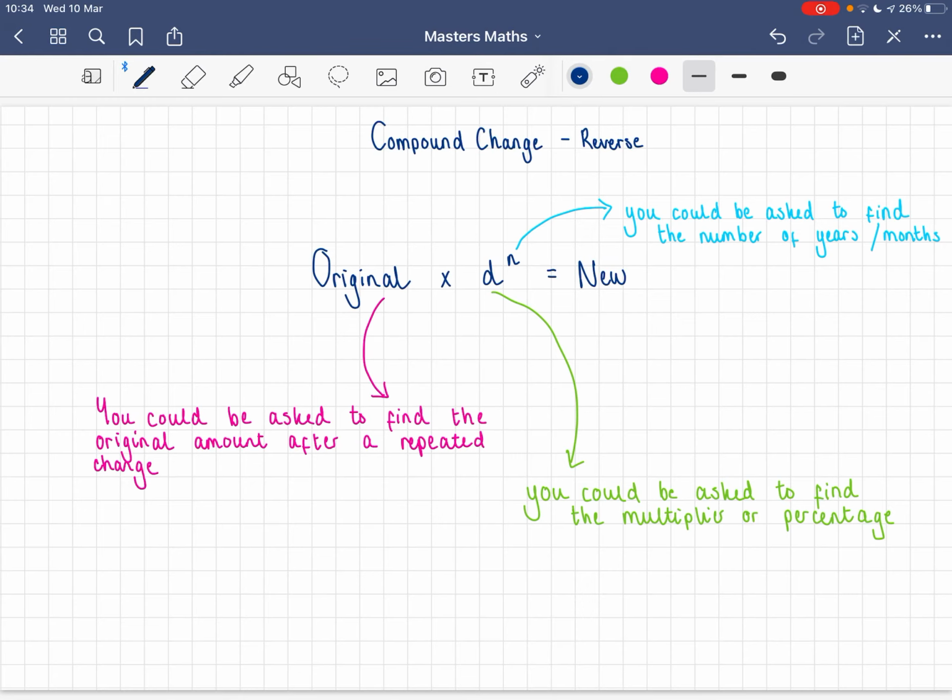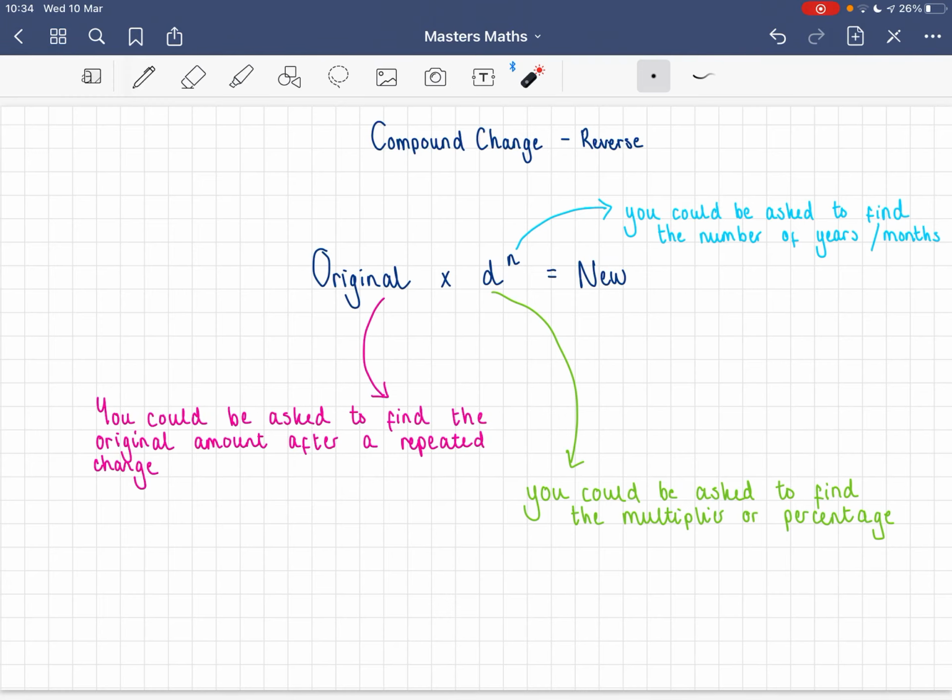So hopefully you know that to calculate a compound change, you need to do the original value multiplied by your percentage multiplier, which is what this d is here. Whether you are increasing and it's 1 point something, or decreasing and it's 0 point something, you have a decimal multiplier.